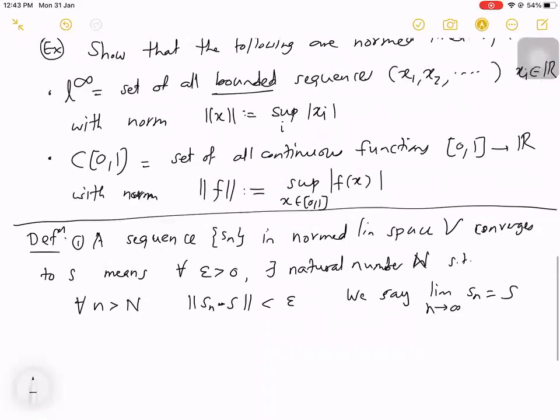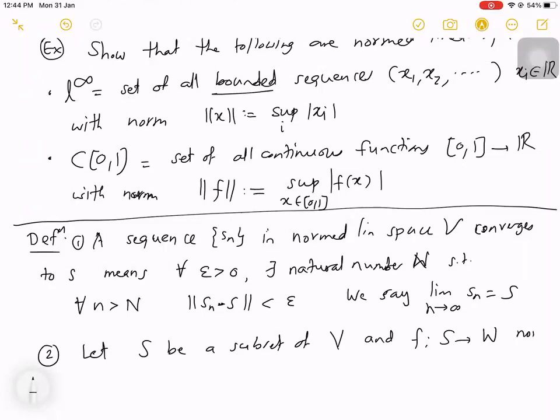Let's make now another definition. Suppose now I have a continuous function from one non-linear space to another, and more generally, let S be a subset of a non-linear space V, and F is a map from S to W, another non-linear space.